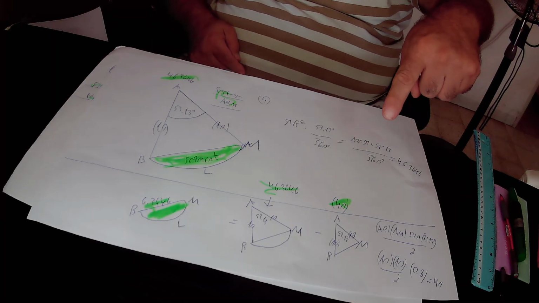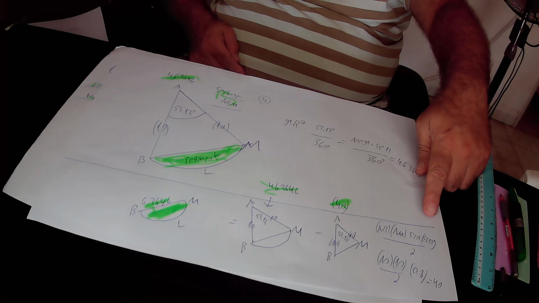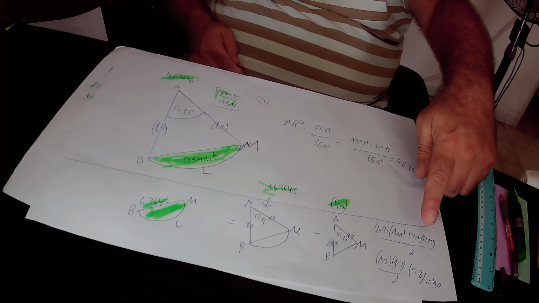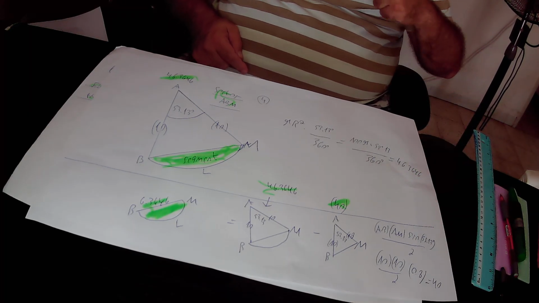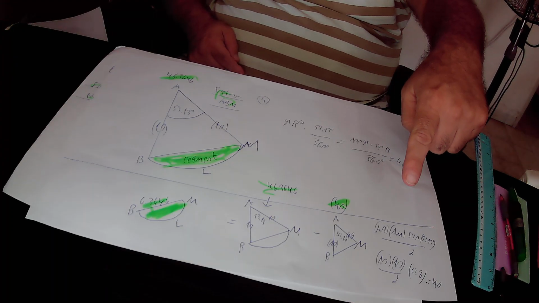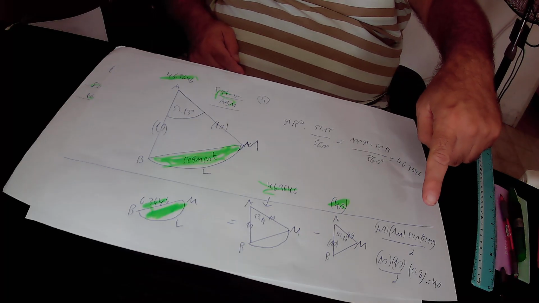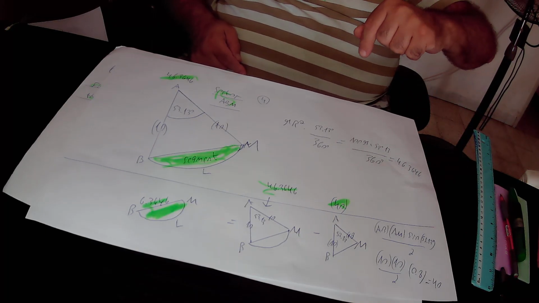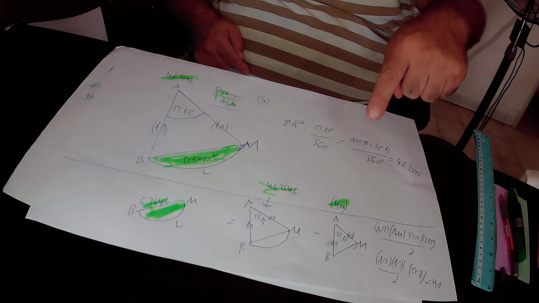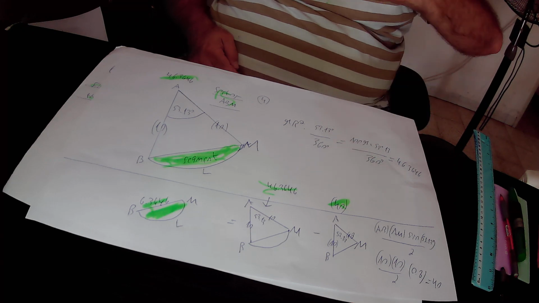AB is 10, AM is also 10, and sine 53.13 is 0.8. So 10 times 10 is 100, 100 over 2 is 50, and 50 times 0.8 is 40 square meters in size. So the area of this triangle ABM equals 40 square meters.